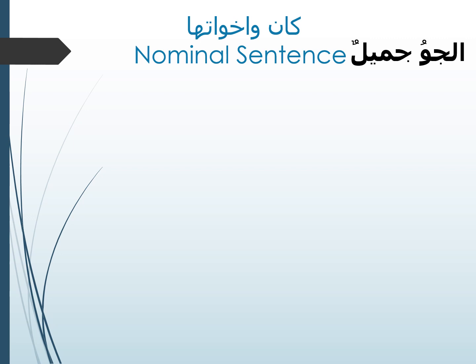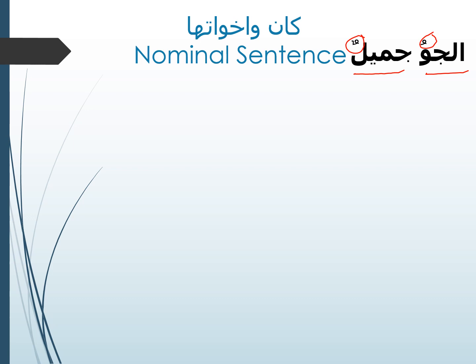Now let's talk more details about كان وأخواتها. Now let's talk about nominal sentence first of all. Remember I did so many videos about this topic. Just really quick. Nominal sentence, as I mentioned, consisting of subject, predicate, and both of them nominative case. Now what happens when we have kana in the nominal sentence?